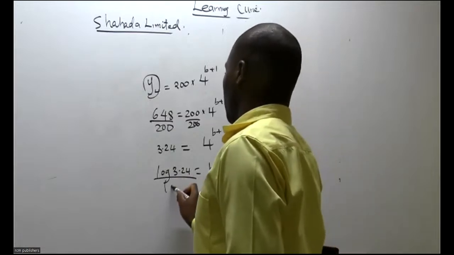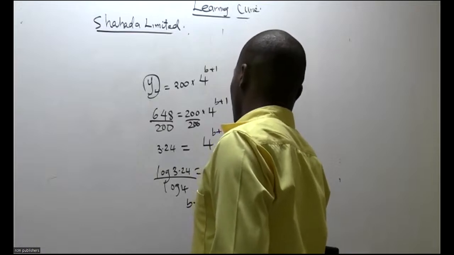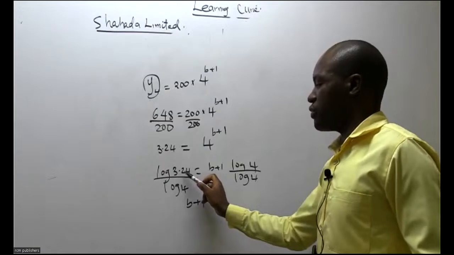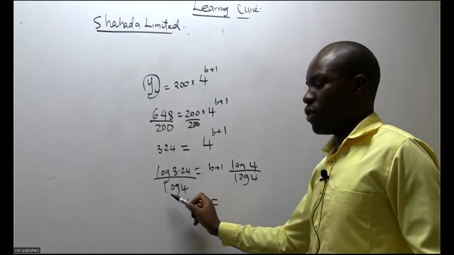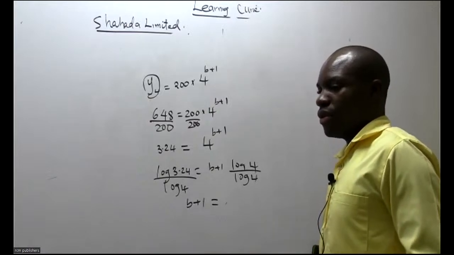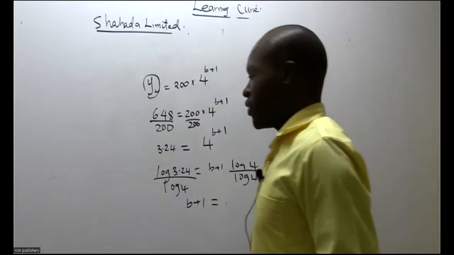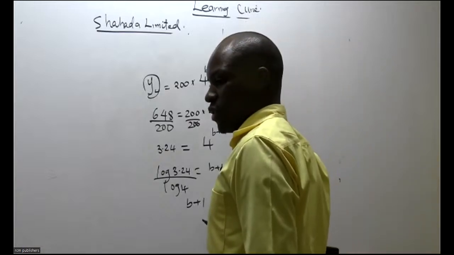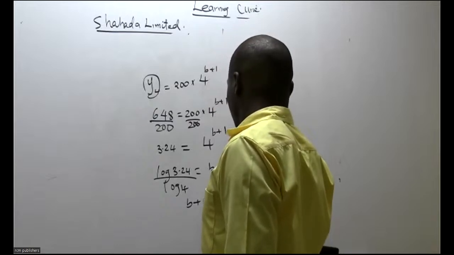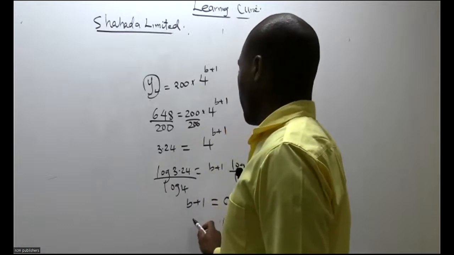B plus 1 is equal to log 3.24 divided by log 4. What will you have? 0.848. Good. You have this. So give me the value of B.